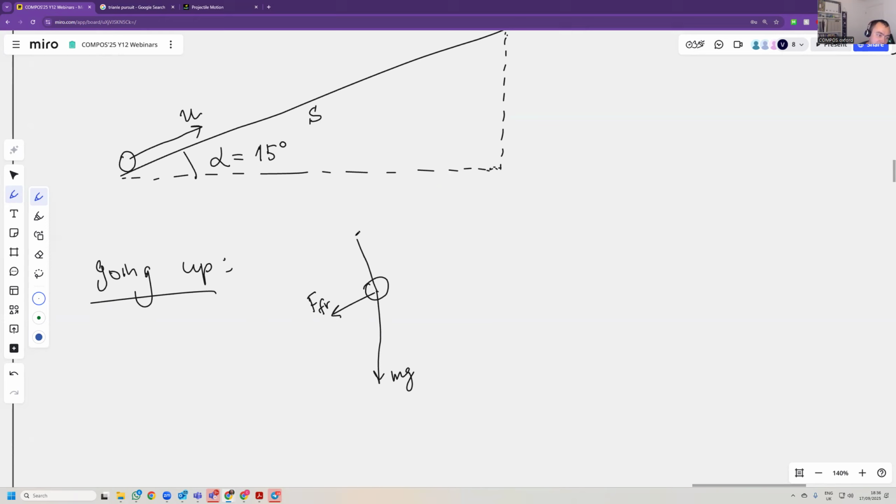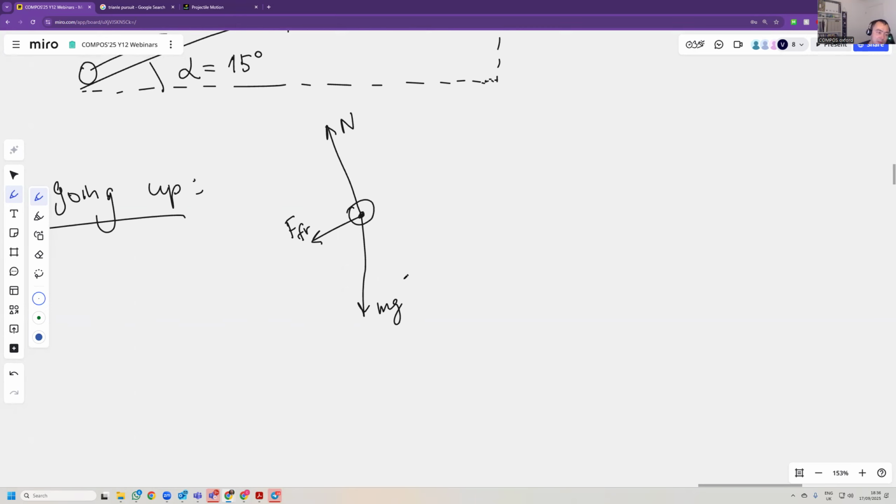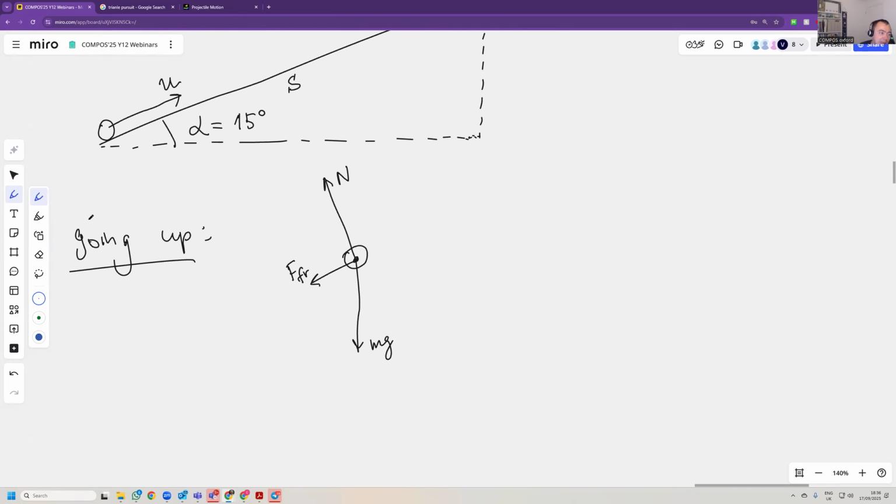We have the normal force, and that's it. So those are the three forces. And we're going to split the forces into components, not vertical and horizontal, but along the slope and perpendicular to the slope. So this is perpendicular to the slope, this is along the slope, x and y. X is along slope.